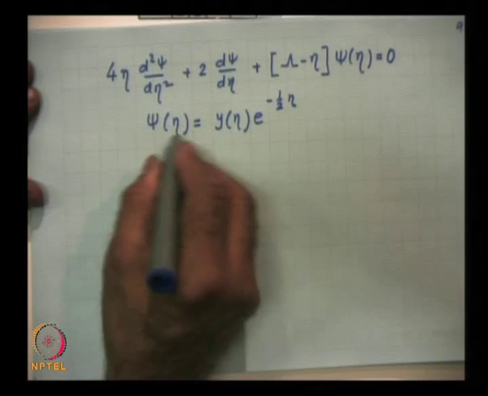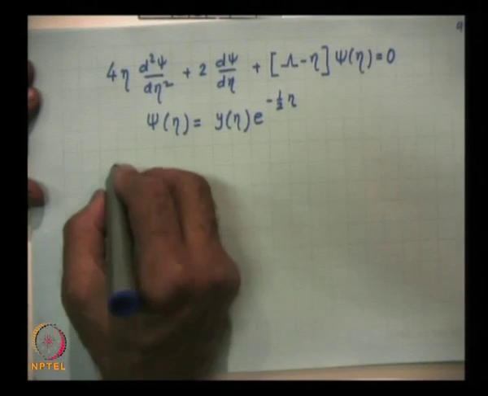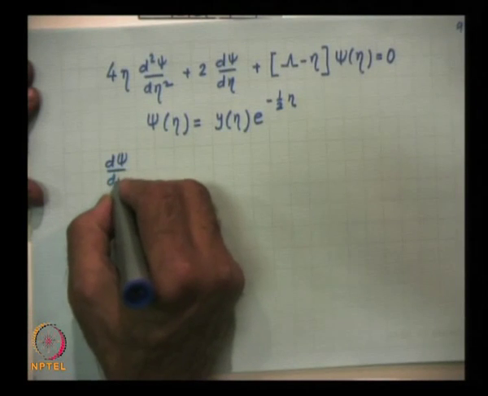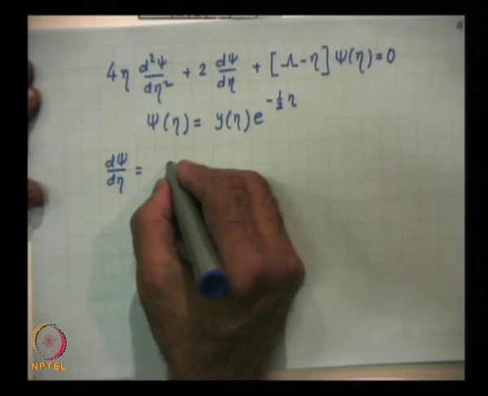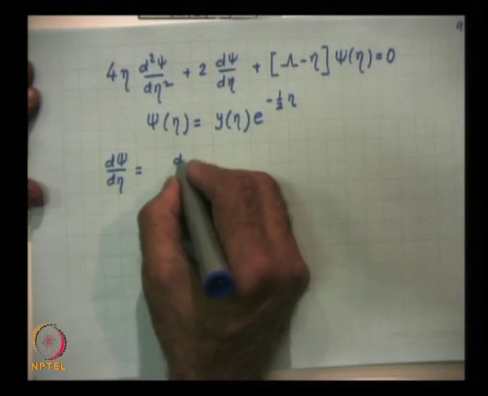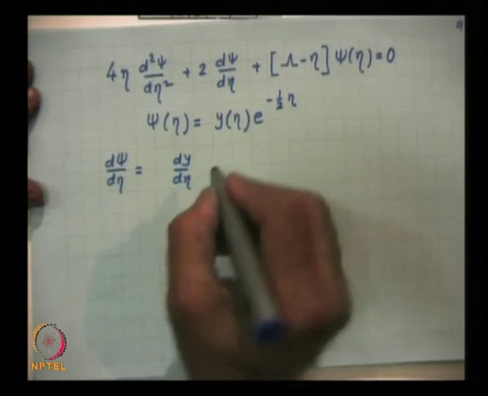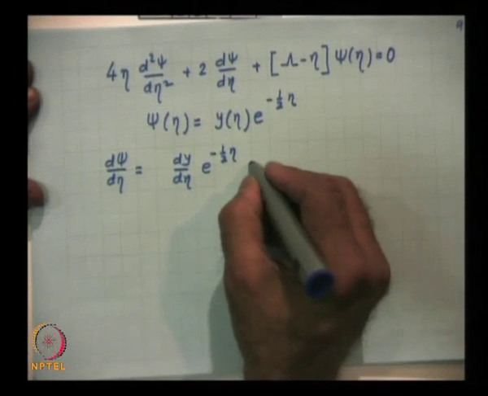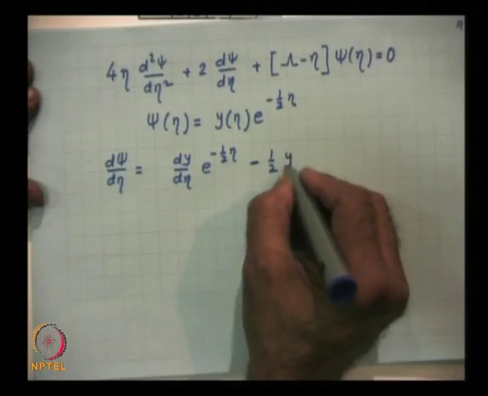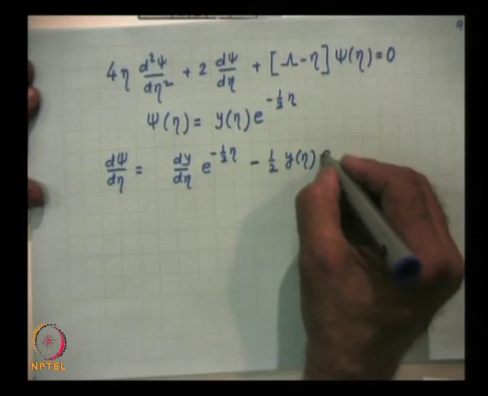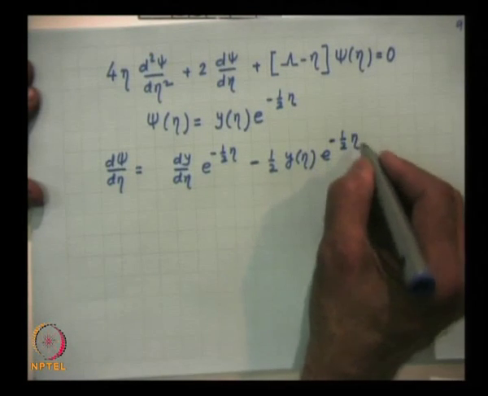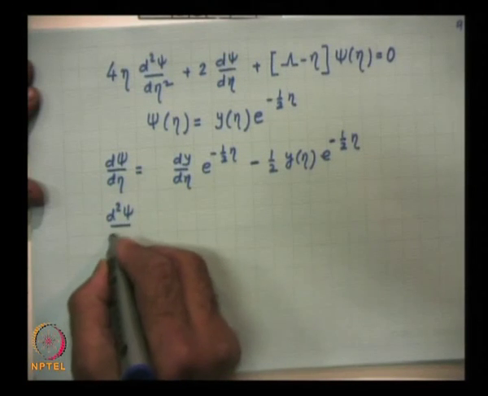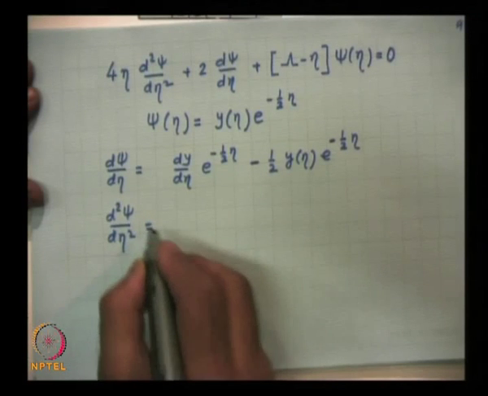So, we substitute this solution in this equation. It is very straightforward. I differentiate it once, d psi by d eta will be equal to dy by d eta e to the power of minus half eta minus half y of eta e to the power of minus half eta. Then I differentiate it again, very straightforward derivation, d2 psi by d eta square.